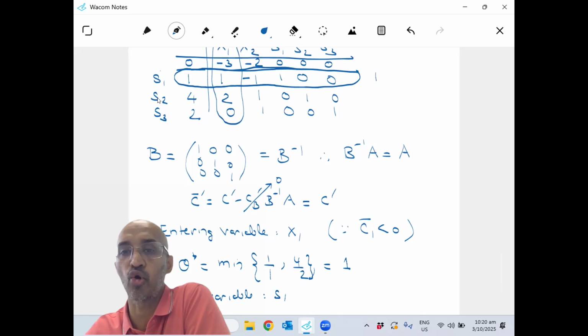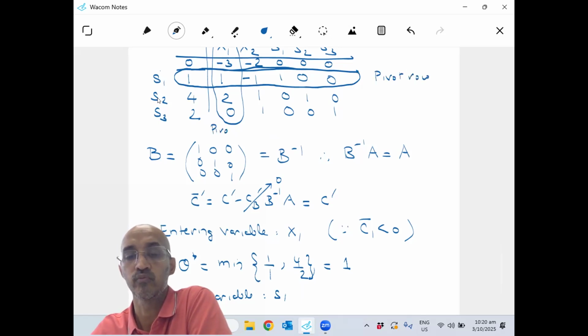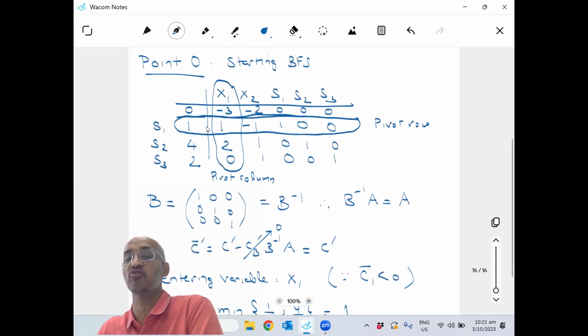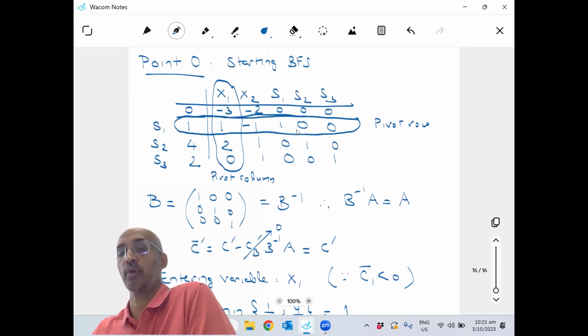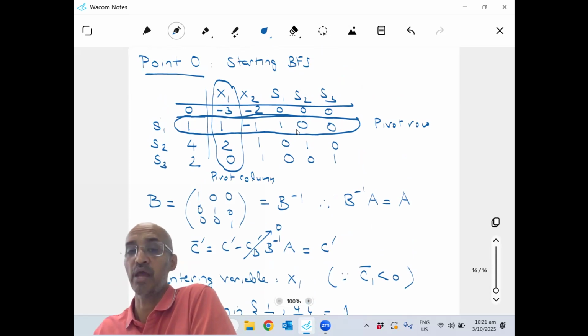So that's my pivot row, and that's my pivot column. All my row operations have to be done now using this pivot row. And what are my row operations? I want to make this a unit vector and make this reduced cost 0. And I have to do this using only the pivot row.